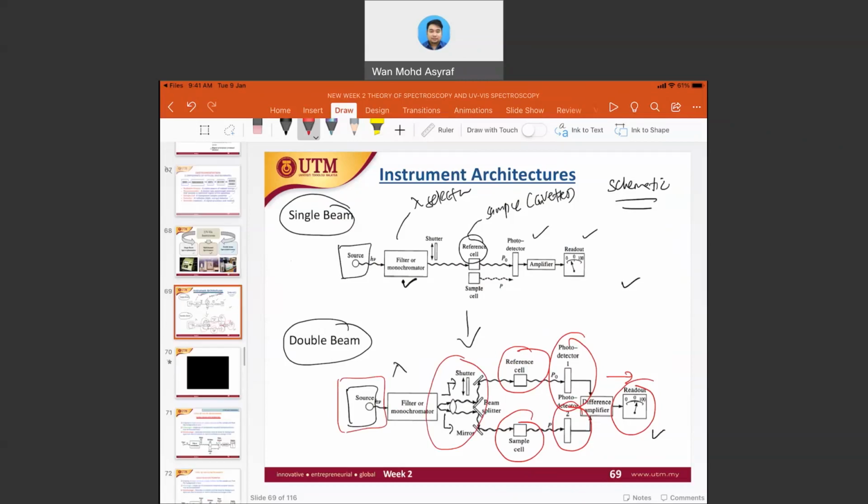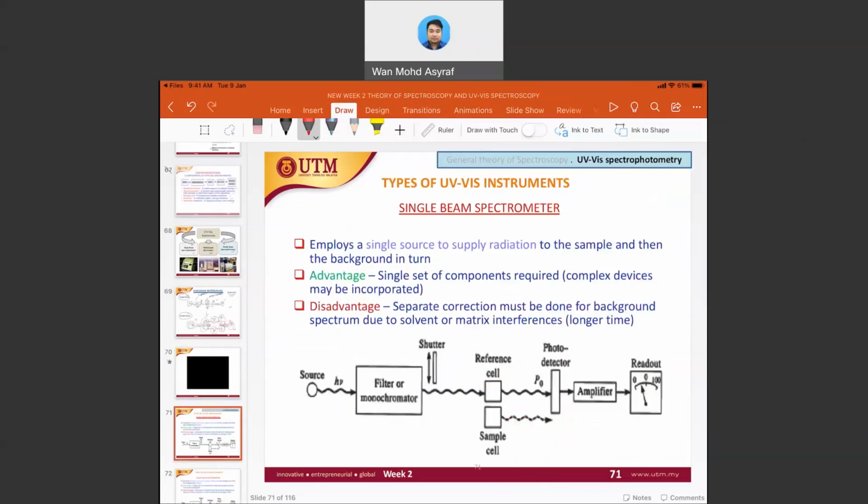Okay, so types of UV instruments for a single beam. So this is what I've explained before. So it employs a single source to supply radiation to the sample, and then the background intermittently. The keyword is intermittently. The advantage is that a single set of components is required.